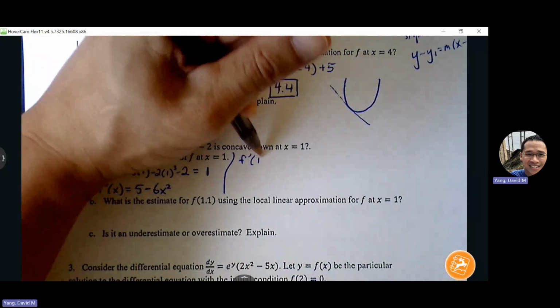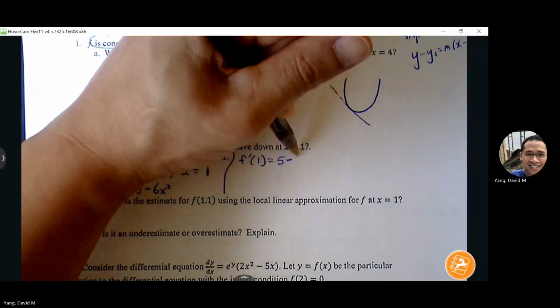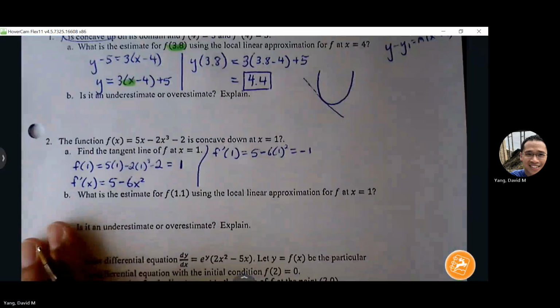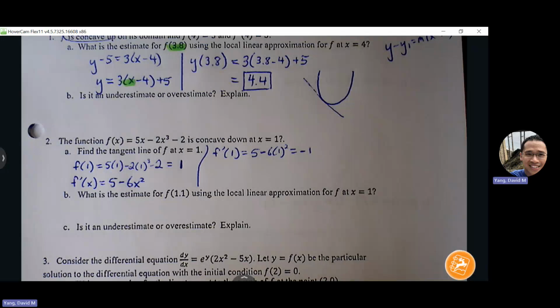All right, f prime of 1. Okay, we have our tangent line, or we have enough information for our tangent line equation.